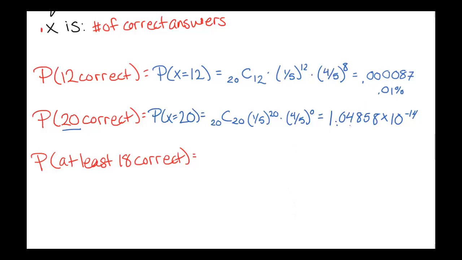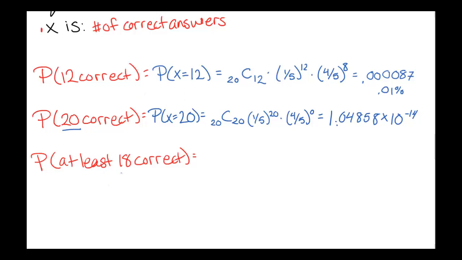This would definitely round to 0 under any of the rounding schemes that we're using in this class. But this is our probability for getting 20 correct. It shouldn't be too surprising that this is so small, because if you're guessing randomly on 20 questions, it would be nearly impossible to get them all correct that way.